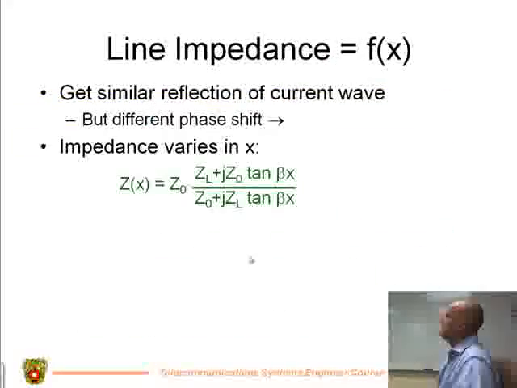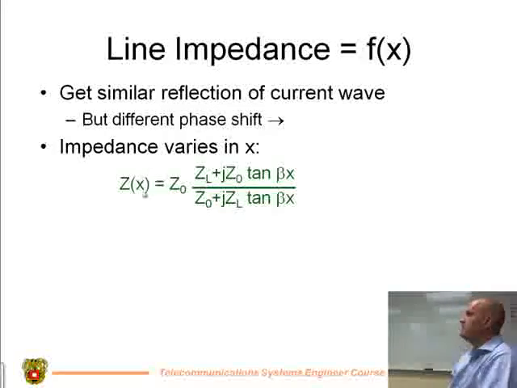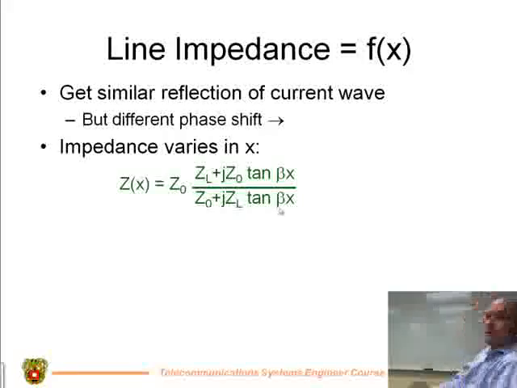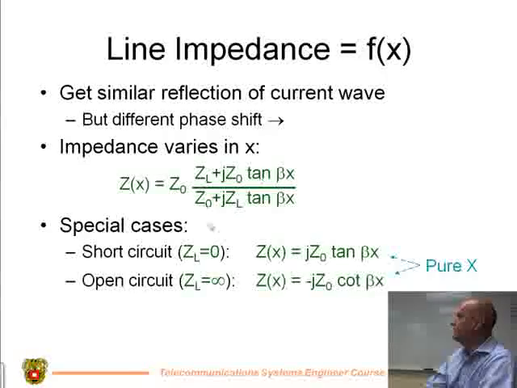Okay, so line impedance is a function of X. The impedance at a particular spot is given by Z naught times ZL plus jZ naught tangent beta X over Z naught plus jZL tangent beta X. Why do we care what the impedance at a point along the line is? Well, if we're going to match it, we need to know what it is at that point.